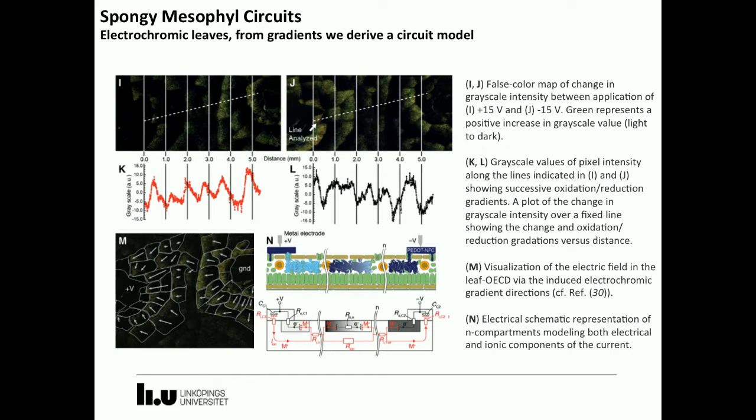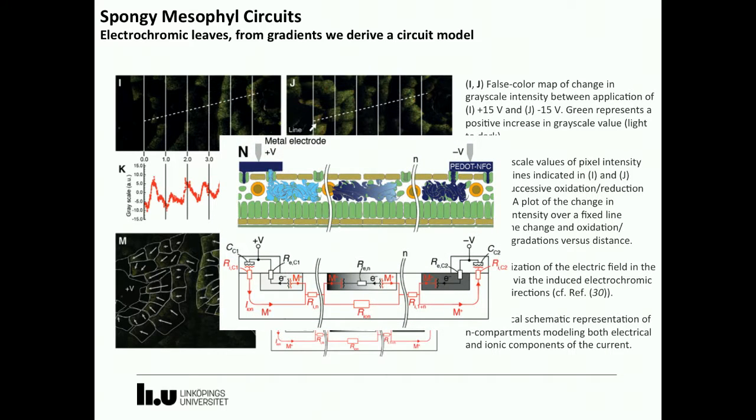By looking at the electrochromic gradients, we can derive potential gradients, and from that derive the circuit model for this system: separated electrochromic parts all connected ionically, and ions are represented by these red lines here.